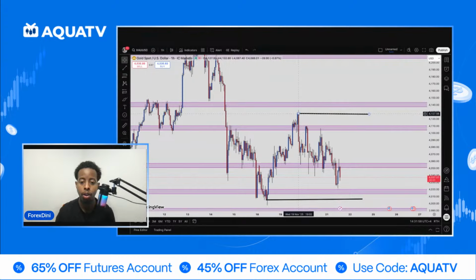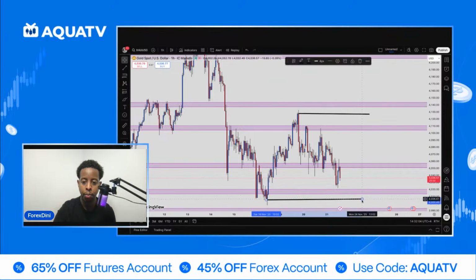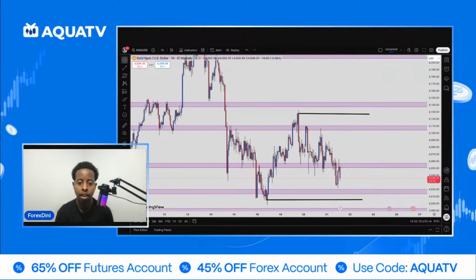What we're waiting for is price to either break and close below the low, or break and close above the high before we consider taking any trades with gold.